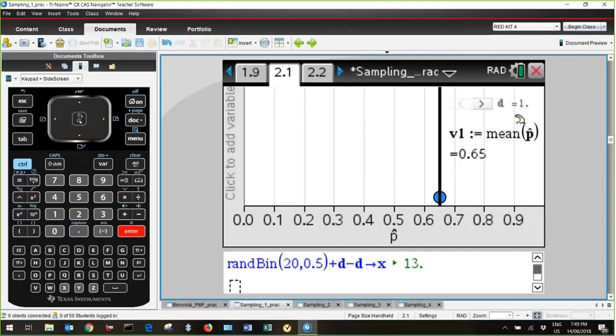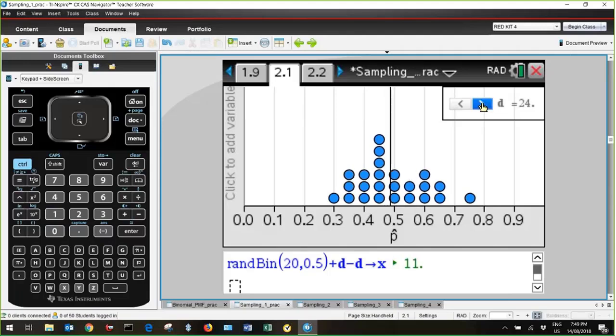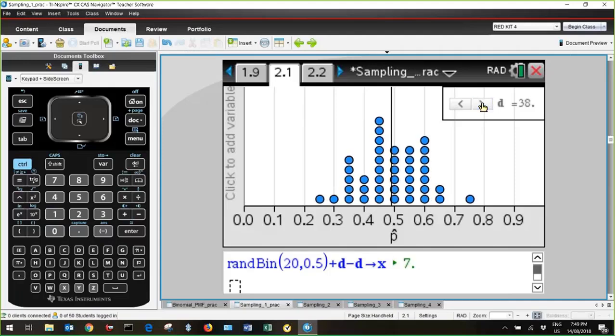Okay, I'll press D. I've now got another value, and now I've got the mean of those two. So another survey. So each time I'm carrying out a survey of 20 people and seeing how many successes, where the definition of success is finding a coalition supporter. Okay, and we can see that the mean dances around.